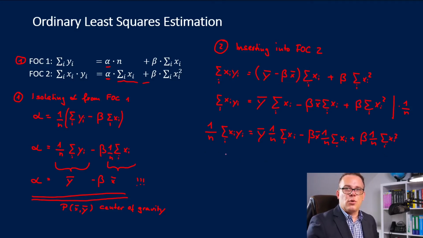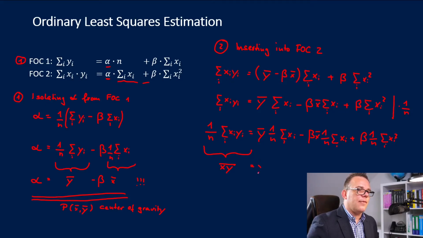And now let's have a look at what we have. This, of course, is the arithmetic mean, because we divide by n and we sum up all xi epsilon i. So this is x epsilon bar.